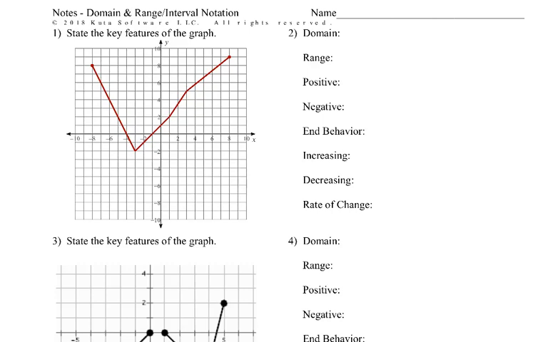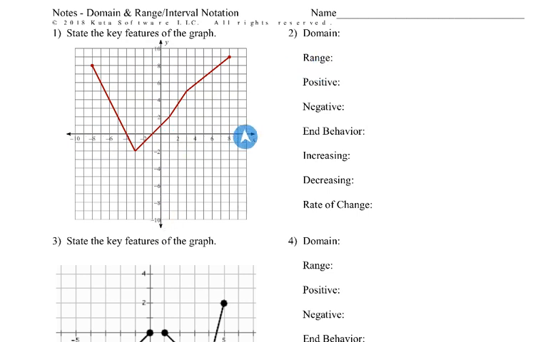Alright guys, let's take a look at these notes on domain and range and some other features of functions, and we use interval notation for these ones. Remember, with interval notation, it's based off the x value. In the case of the range, that's the only one with the y value.